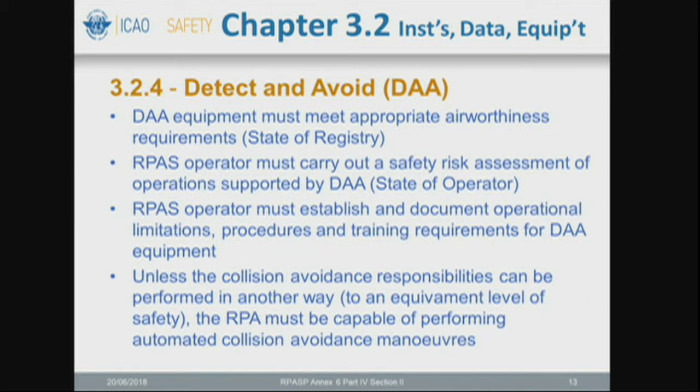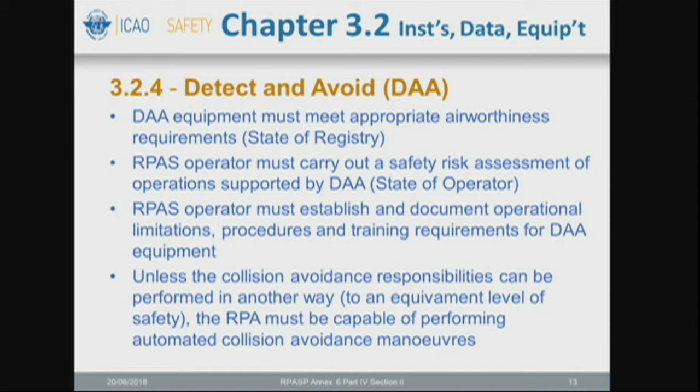A little bit more about detect and avoid, because again, apart from the C2 link, probably the detect and avoid are the two key elements that are different within a remotely piloted aircraft. DAA equipment must meet the appropriate airworthiness requirements, and that's done through the state of registry. So the DAA equipment and the requirements themselves are an airworthiness requirement. The operator must carry out a safety risk assessment of the operations that are supported by DAA, and that's done through the state of the operator.